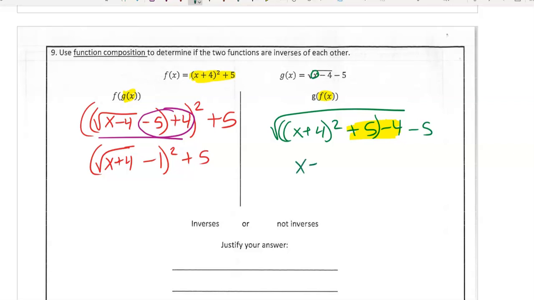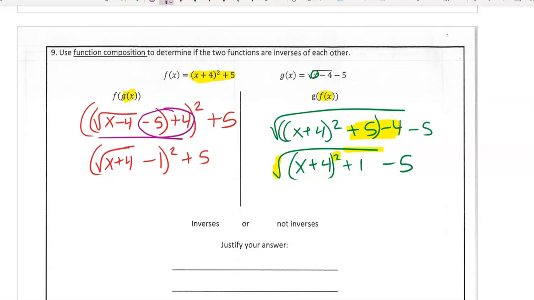Well, 5 minus 4 is 1. And yeah, moving on to exponents, I can't cancel out the exponent 2 with the radical because the radical is covering over the 1. So we can't cancel that out there.